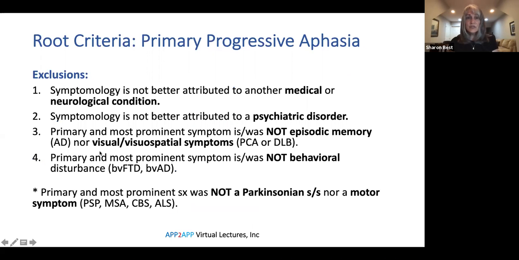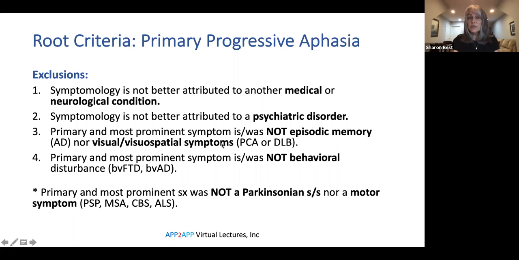Now there's exclusion criteria. Obviously, the symptomatology should not be better attributed to another medical or neurological disease, nor to another psychiatric disorder. And the primary presenting symptom cannot be episodic memory or visual spatial symptoms. With episodic memory, we think of more an early onset or late onset Alzheimer's.